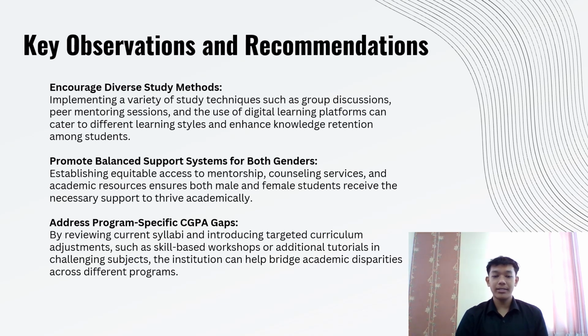Key recommendations based on our findings include encouraging diverse study methods like group discussions and digital resources, promoting balanced support systems for both genders, and addressing program-specific CGPA gaps with curriculum adjustments. By implementing these strategies, KPM Indra Mahkota can further improve academic performance and also student experience.